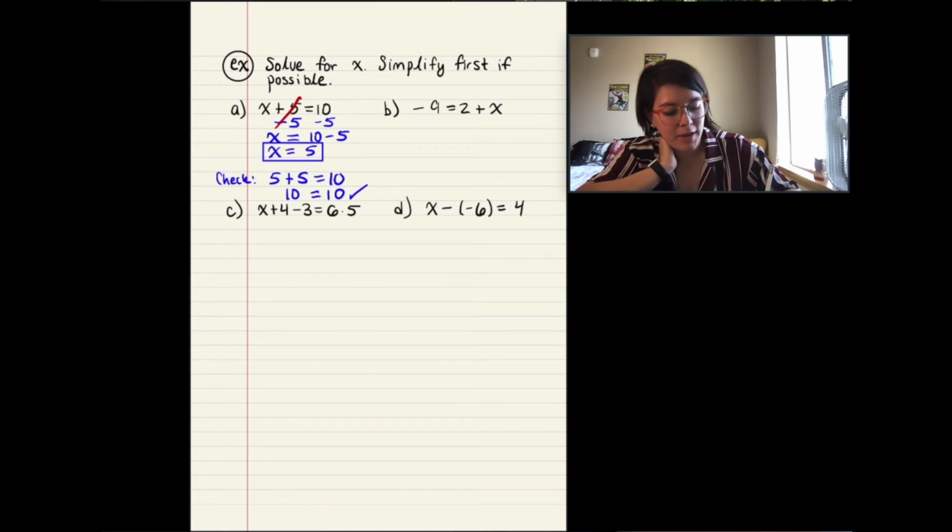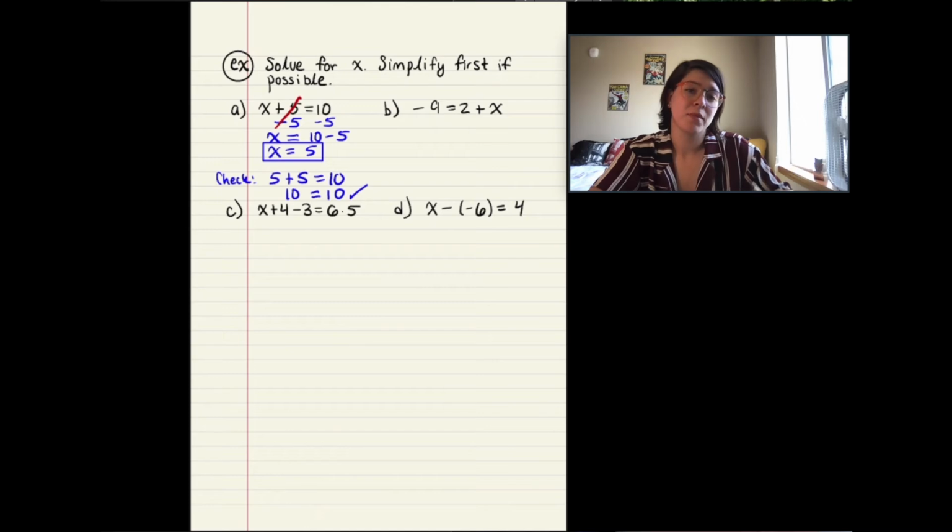So right now, we have 2 plus x on the right side of the equation. So x is not alone right now because it's being added to by 2. So we have to do inverse operations. The opposite of adding 2 would be subtracting 2. And what we do to one side of the equation, we do to the other.